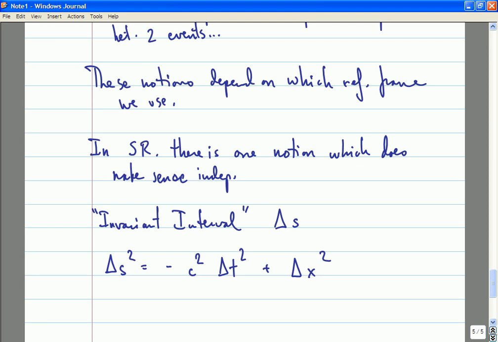That constant of proportionality, c, has dimensions of length over time, otherwise known as dimensions of velocity, and of course is nothing more or less than the speed of light.